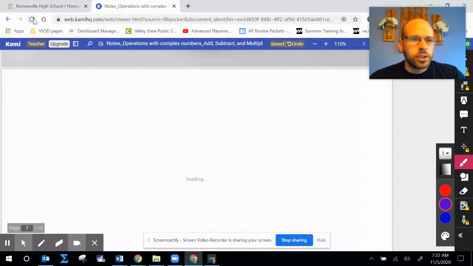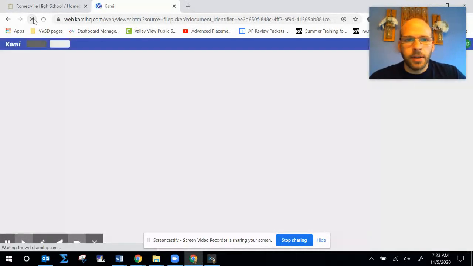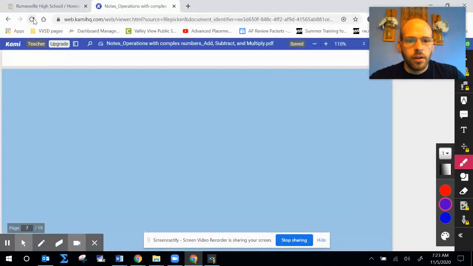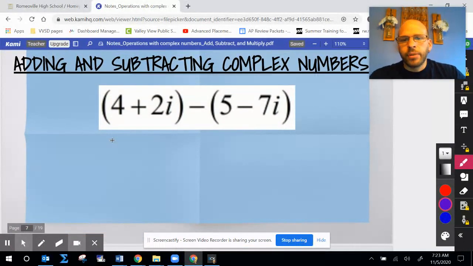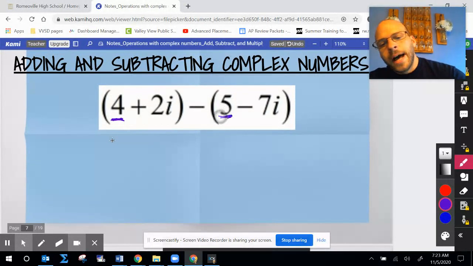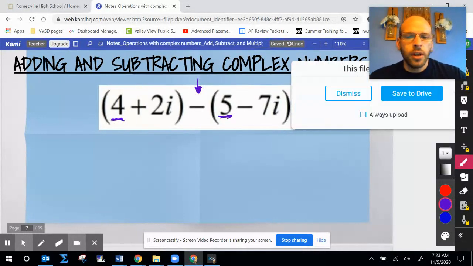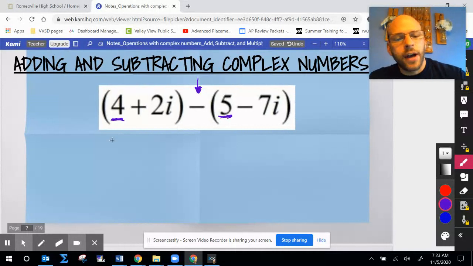Oh, let's refresh. My slides didn't come up. Let's try that again. There we go. All right. So again, practice makes perfect. 4 minus 5: always pay attention to the operation we're dealing with here. Make sure we're subtracting or adding when we're supposed to. So 4 minus 5 is -1.